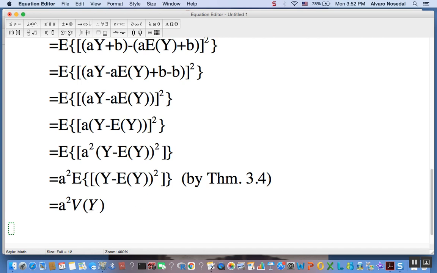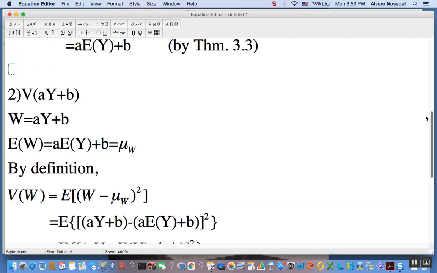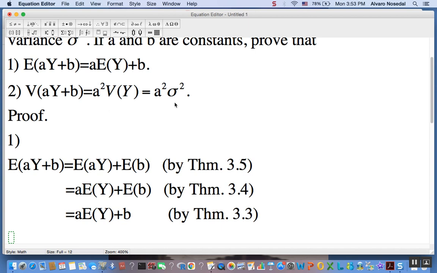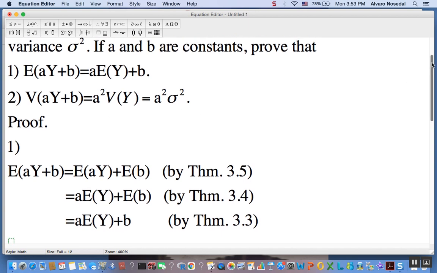And if you prefer the other notation, the sigma square notation, then this is the same as a square times sigma square. Okay, so as you can see, we have shown our result. Okay, let's summarize.